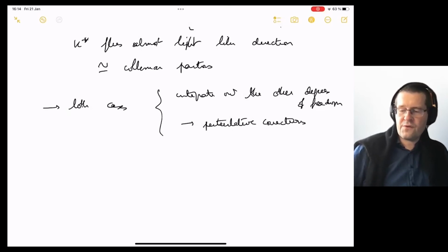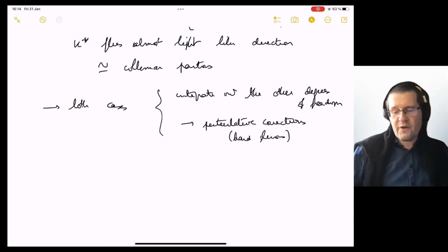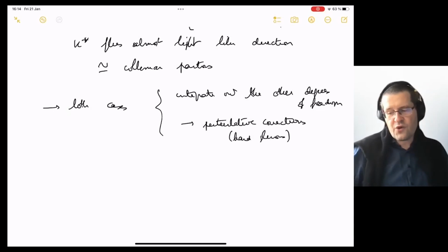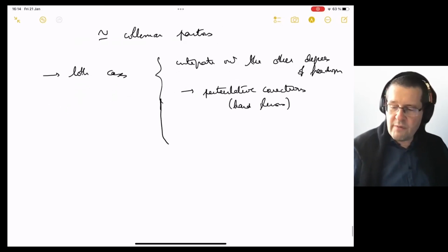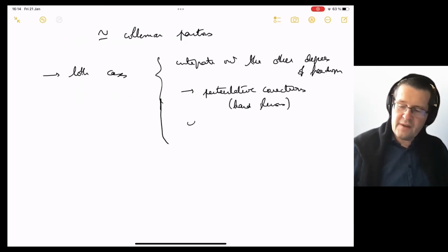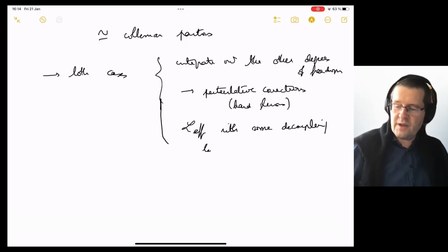For instance, that's true for the hard gluons that will go into short distance coefficients of your effective theory, and then you remain with an effective Lagrangian corresponding to each of these two theories with some decoupling between the QCD degrees of freedom.